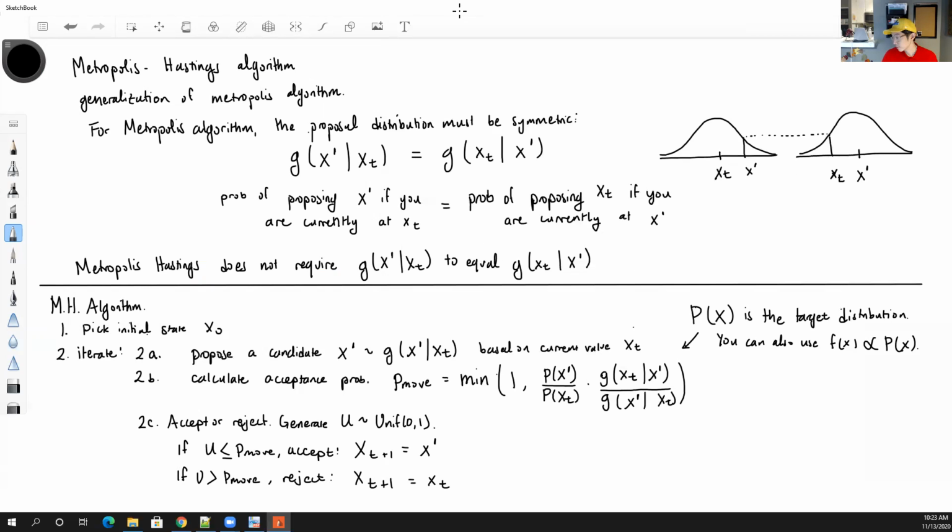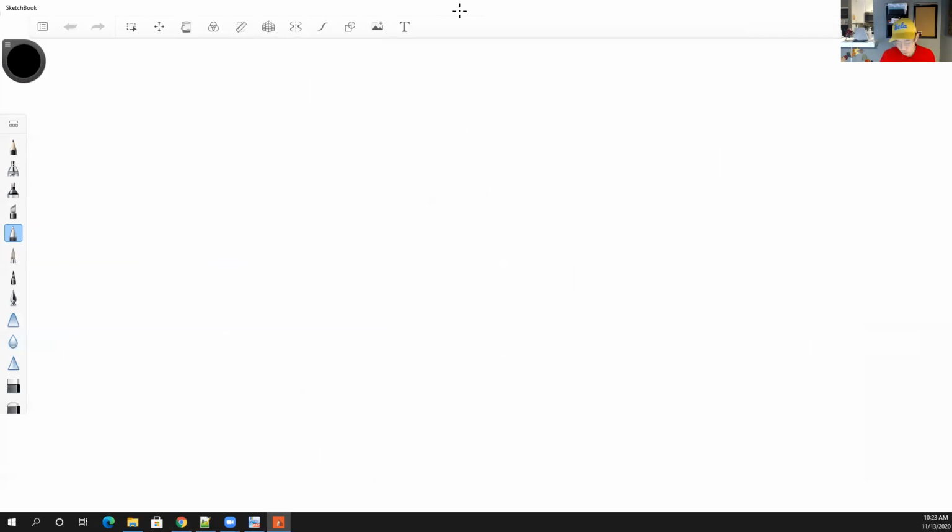Okay, so I guess I could draw a picture here or something. All right, so I wanted to show why it works. I'm going to show that the Metropolis Hastings algorithm works, and then you can use the same logic and say the Metropolis algorithm works in the same way. It's just that g of x prime given x at your current value is equal to the other.